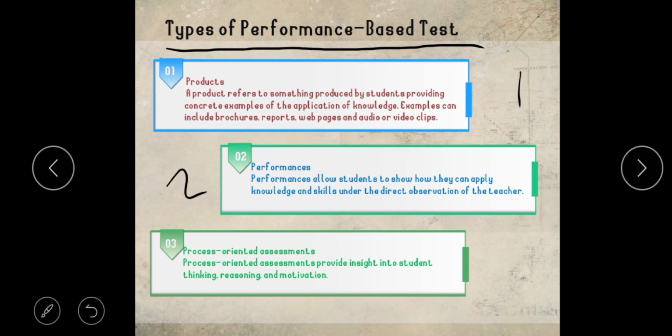The second is performance. Performance allows students to show how they can apply knowledge and skill under the direct observation of the teacher. And the last is process-oriented assessment. Process-oriented assessment provides insight into student thinking, reasoning, and motivation.